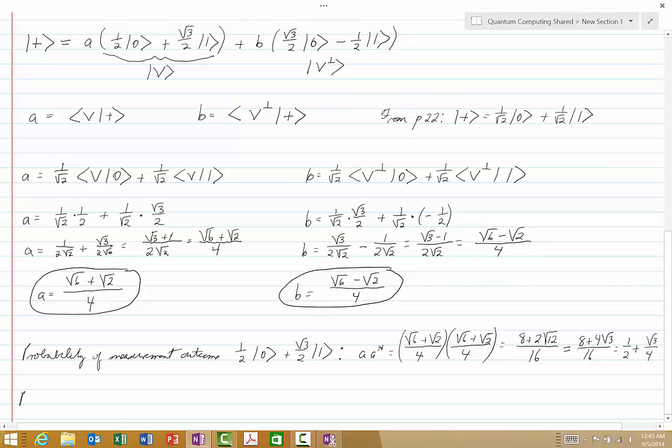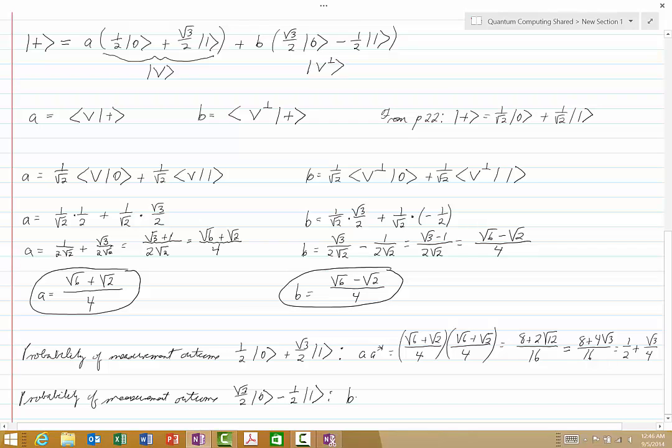And the probability of measurement outcome square root of 3 over 2, 0 minus 1/2 1.